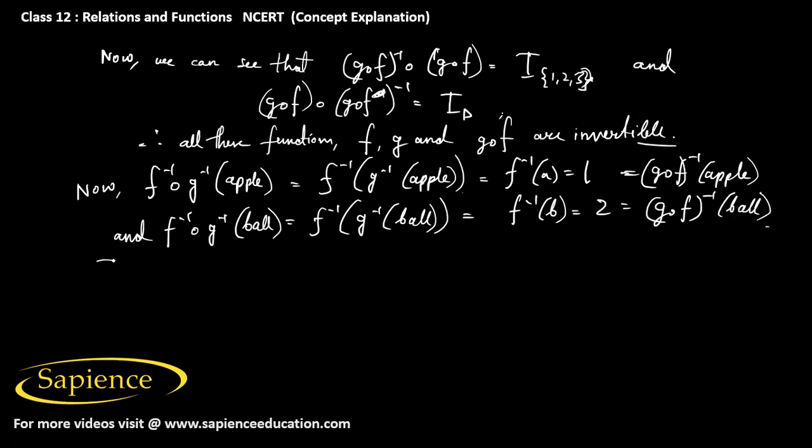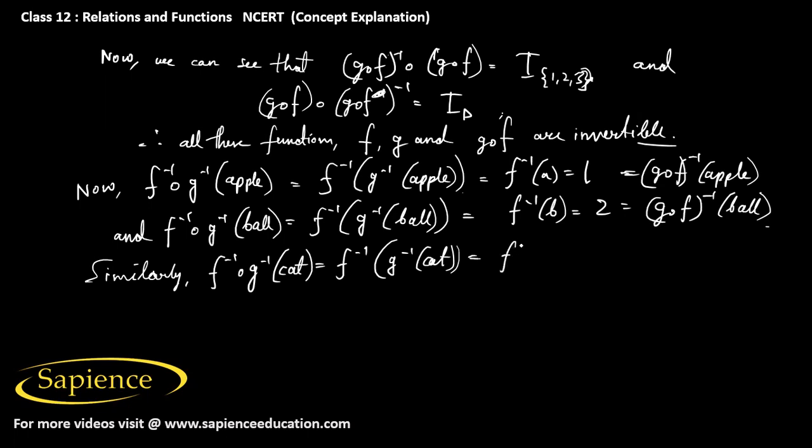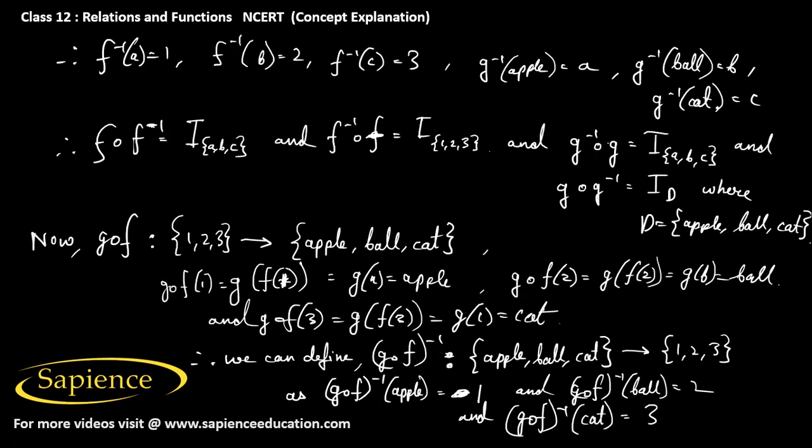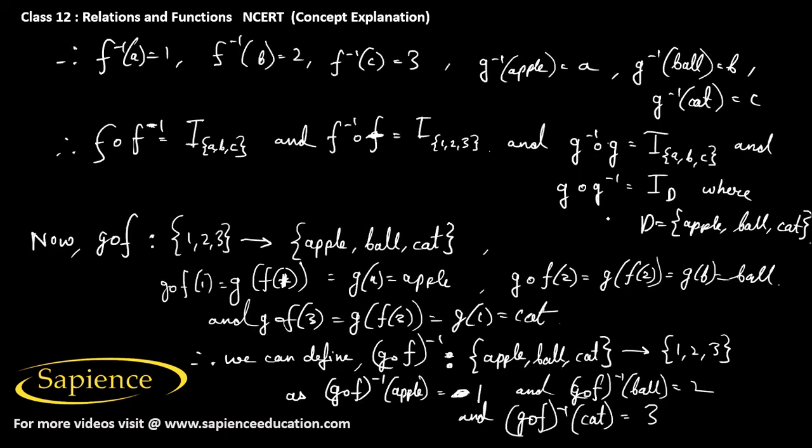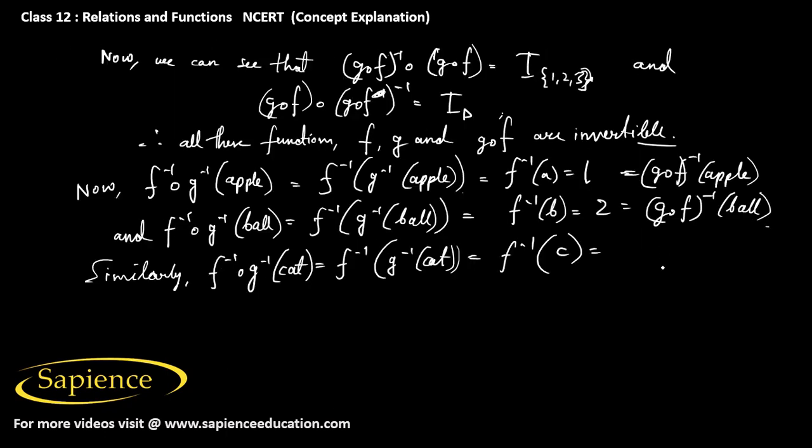And again similarly, f inverse of g inverse of cat: g inverse of cat we have found, that is c, so f inverse of c is 3. So 3 is again the same as g of f whole inverse of cat.